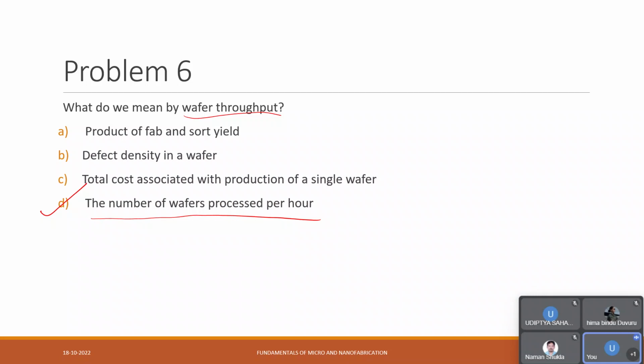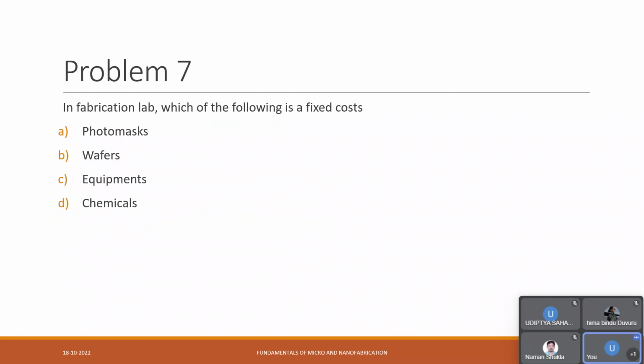If you have any doubts about the other options, you can ask. We'll move to the next one. You have to tell, in a fabrication lab, which of the following is a fixed cost.